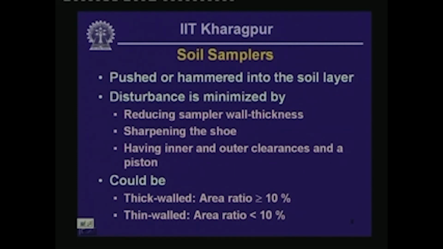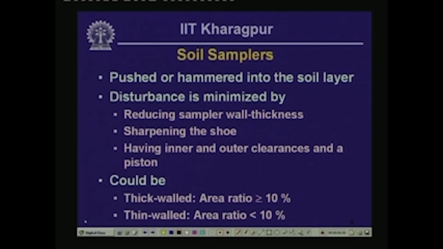As I indicated in the previous sketch, the disturbance introduced into the sample because of the insertion of the soil sampler is reduced by decreasing the wall thickness. It can also be decreased by sharpening the shoe, and by having an inner and outer clearance and a piston. What is meant by that? Let us look at it in a little more detail.